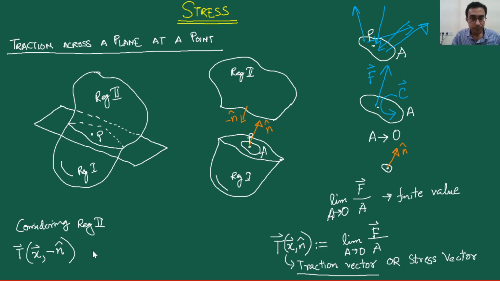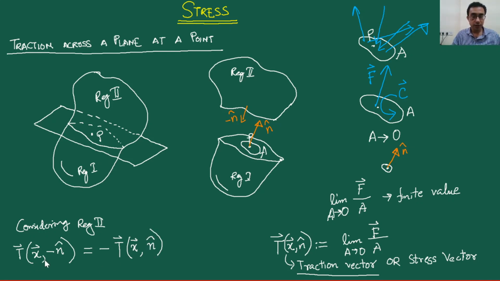Now we could go into an in-depth discussion of what I'm going to write next, but what I will just say is that, basically following Newton's third law, this is going to be the negative of the traction vector considering the region 1.